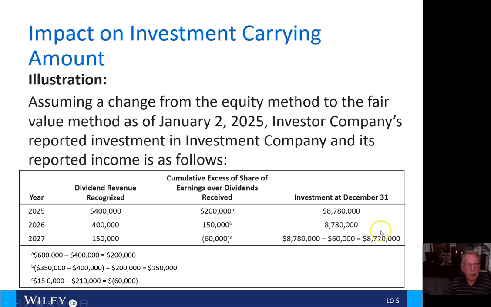Now, for the investment at December 31, we had 8,780,000 in 2025, and we had 8,780,000 in 2026, and then we had to subtract 60,000 here to get to 8,720,000 for 2027.